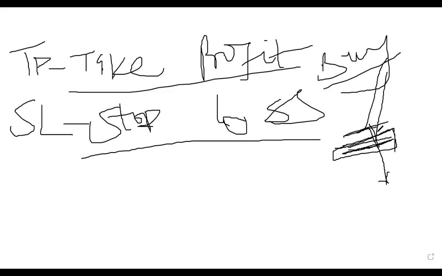That's a loss trade. So we are setting a certain distance where we want the trade to be closed automatically, whether we are there or not, with just a small percentage of losses.